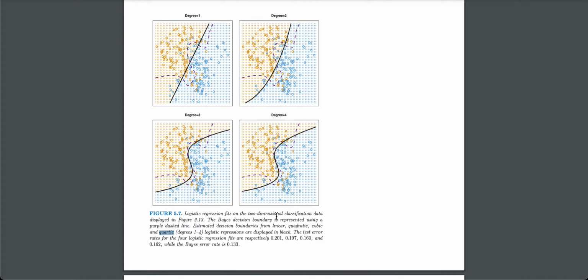For each of them we have the test errors of 0.2, 0.19, 0.16, 0.162, meaning that degree 3 has the lowest error, therefore it seems that degree 3 is the most appropriate.